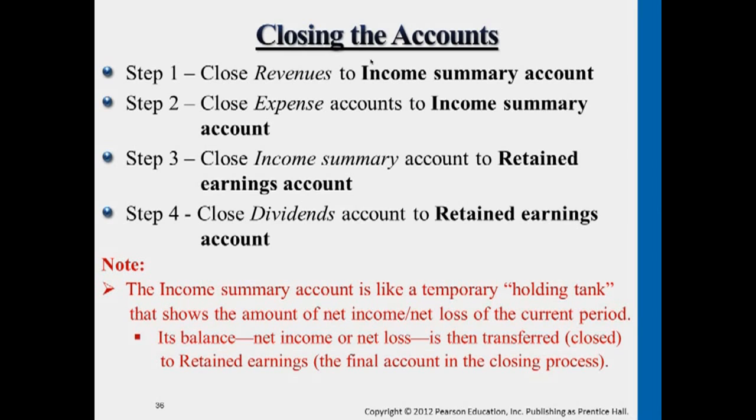Remember that this is just a temporary account that I opened up for the purpose of closing all this. So if we want to zero this out, we'll do something to the opposite side, transfer this $3,000 to the right side of retained earnings, because there's net income here. And this brings up the retained earnings balance.